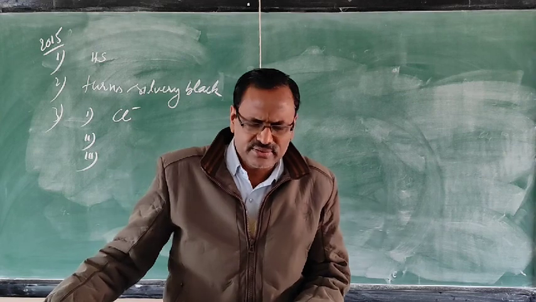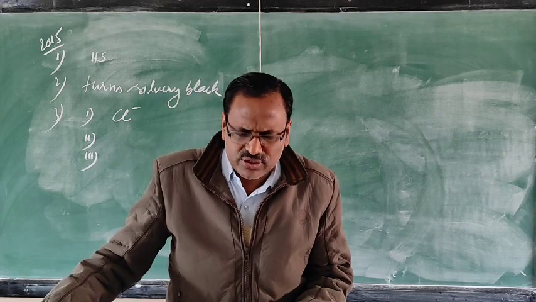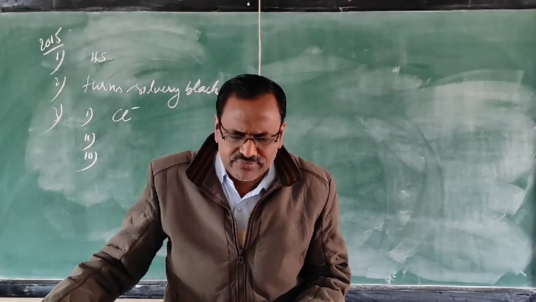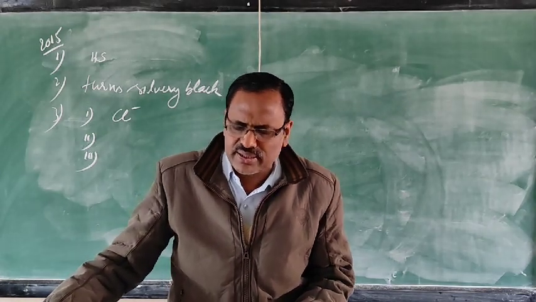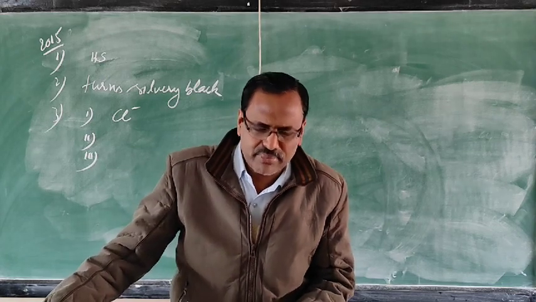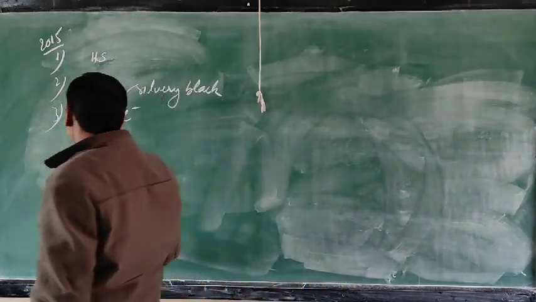Identify the anion. Salt B reacts with dilute sulfuric acid, producing a gas which turns lime water milky but has no effect on acidified potassium dichromate. It means carbon dioxide gas is coming, and only carbonates will give carbon dioxide. So carbonate.